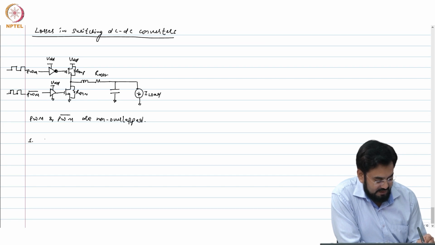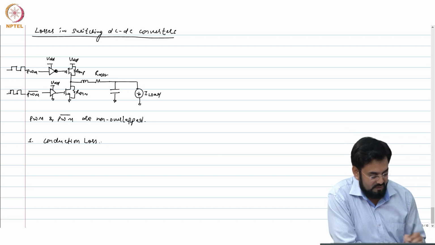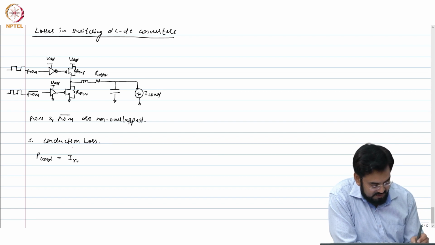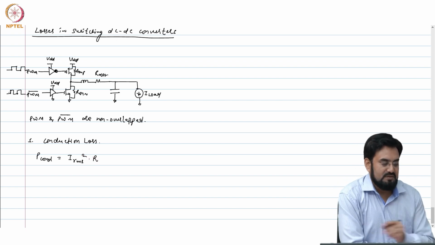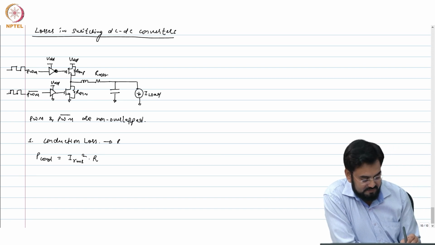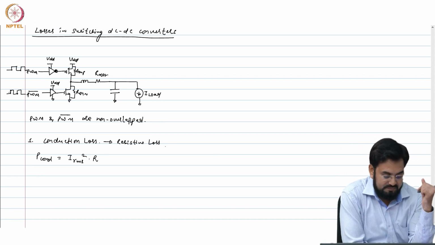So number one, conduction loss. Nothing but I RMS square into R. So whatever the resistive losses are, you can also call it that.